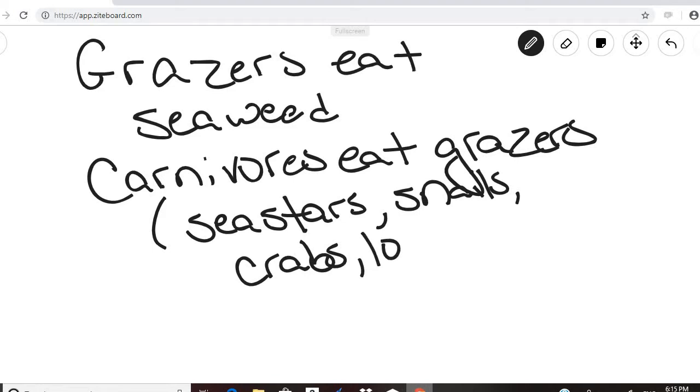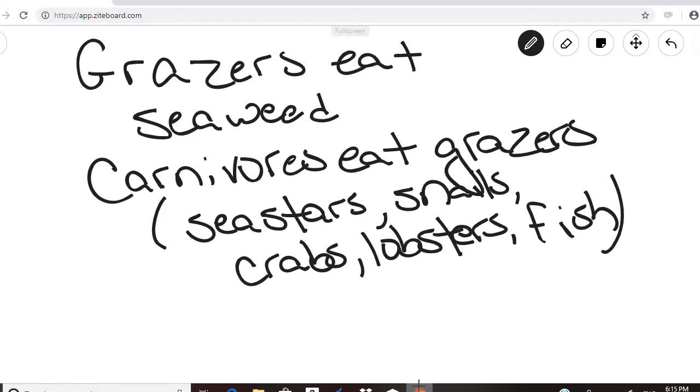So you can see how the food web works even on this rocky bottom. Fish then eat the grazers. What you will find on a rocky bottom really depends on how much light is there, how much grazing is being done, and how many predators are in that area.